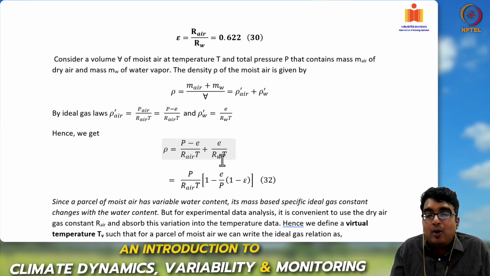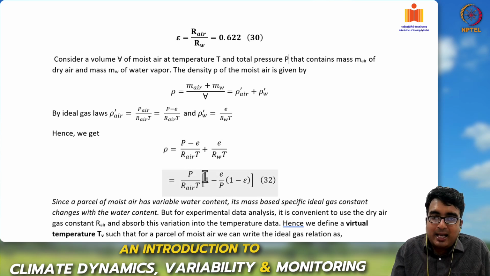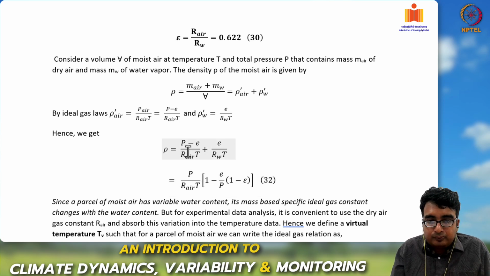Now what we do is we take P by R air into T as a common term and take it out. Then the first term here, P by R air into T, this becomes 1.